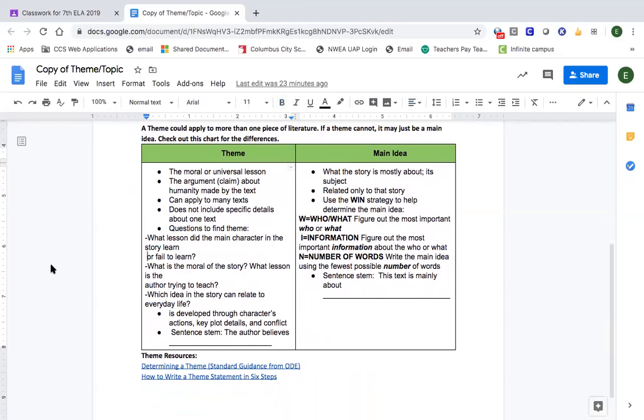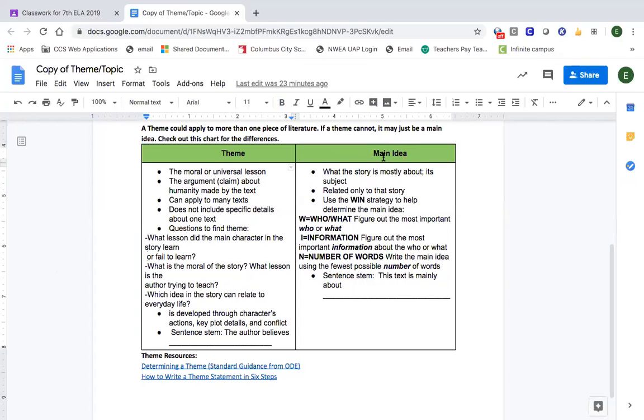And the same theme could apply to more than one piece of literature. If not, then we might be talking about like a main idea. So there's this chart that talks about main idea versus theme. Main idea shows up a lot in nonfiction text.